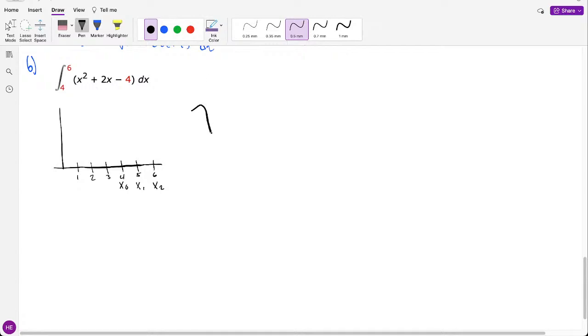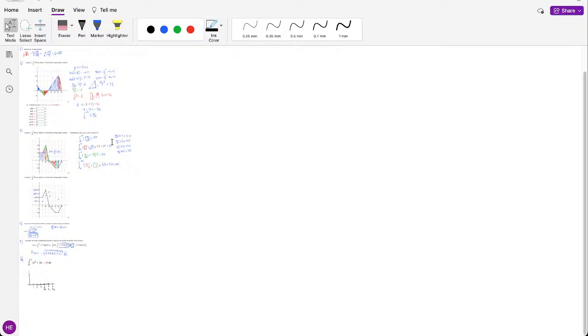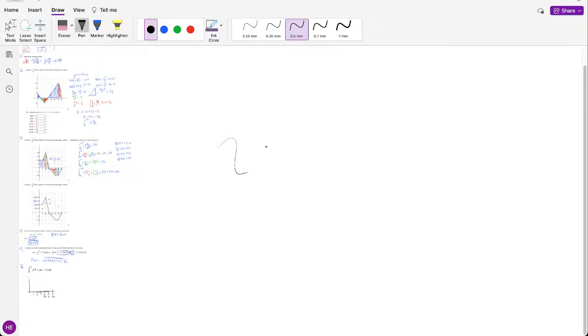See this? I can put down more pressure or less pressure, and it actually takes that into account. And the paper is endless. I can go as big or as small as I want, which is awesome.